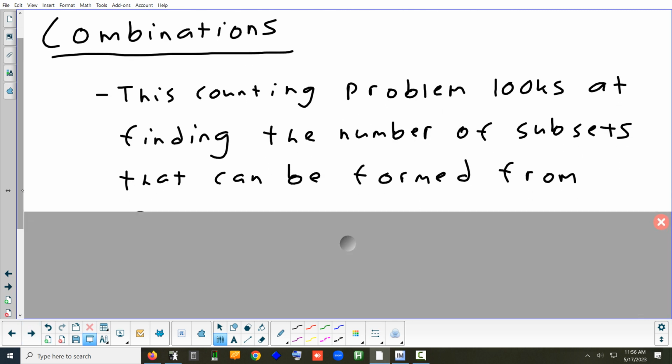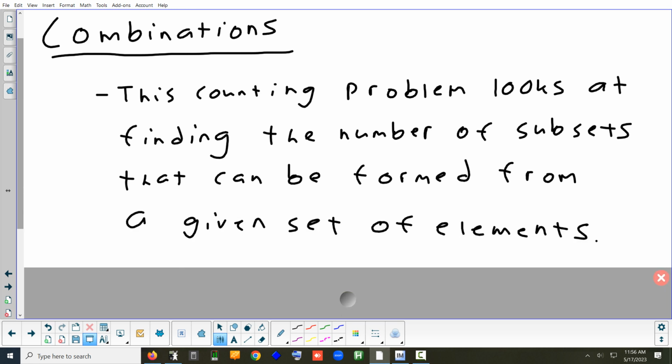Okay, so now the last type of thing we'll look at is a combination. The idea of a combination is you're looking at how many ways can you do something, and the order isn't important. One example that you see a lot with combinations is forming a committee.